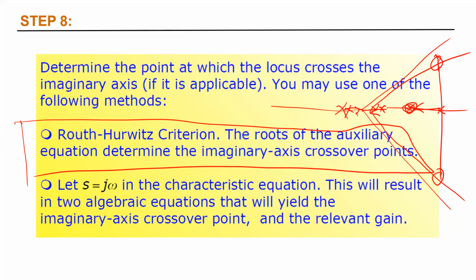You could also do it by setting s equal to jω, but that will be a little more complicated. Since we already took this procedure, these points will be determined from the Routh-Hurwitz test. We will do it by an example.